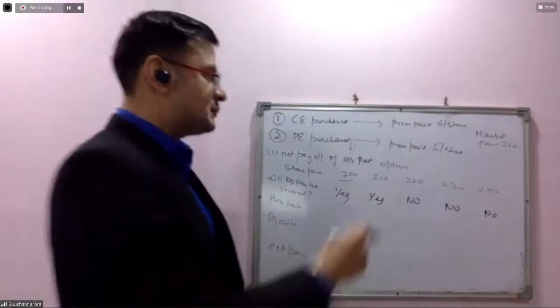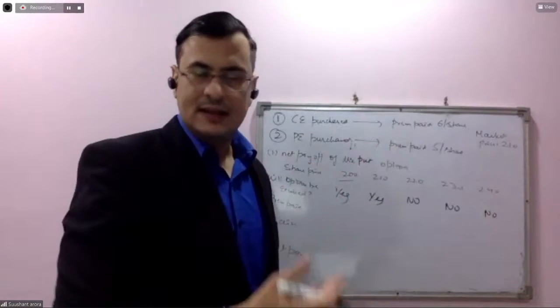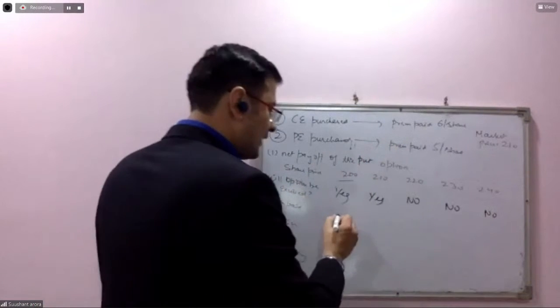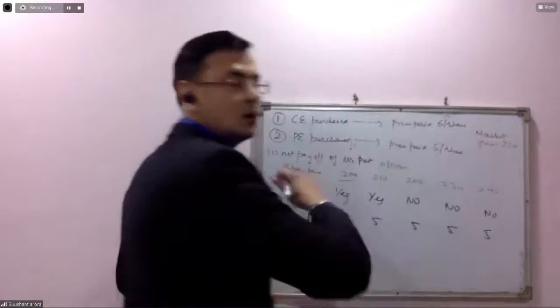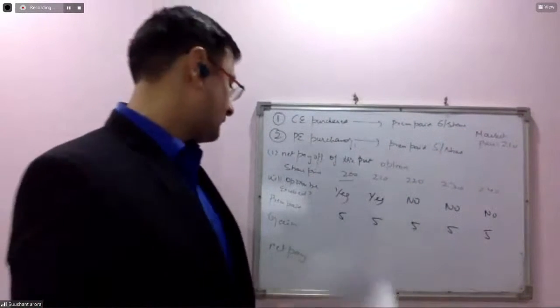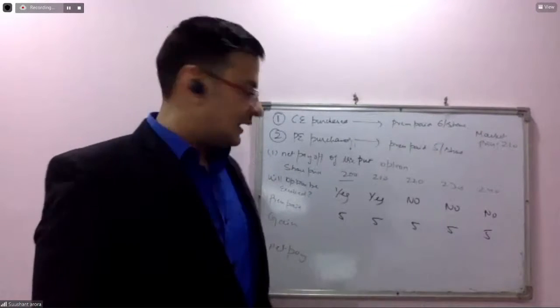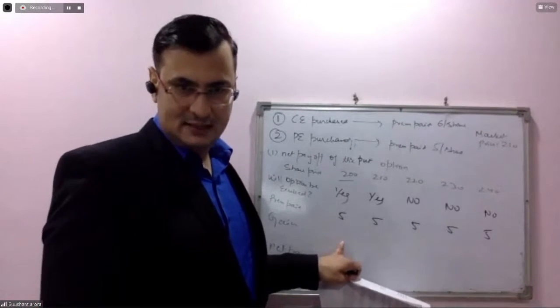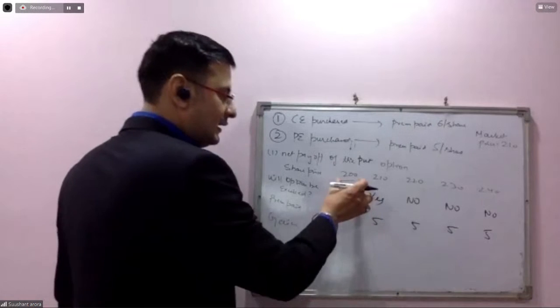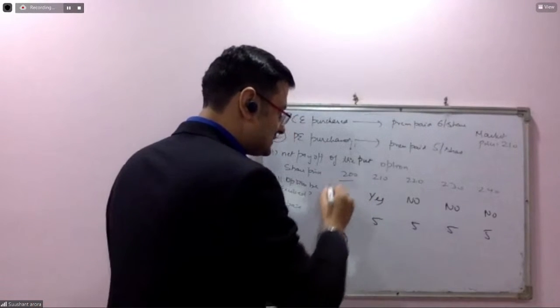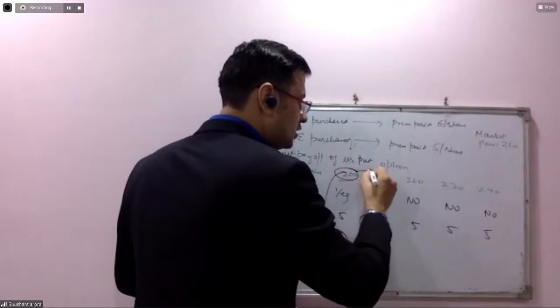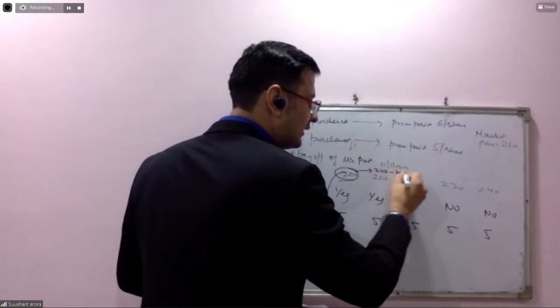Again, the premium which is paid is my fixed cost. It has to be paid in any case. So 5 rupees on all the 5 cases. How much did I gain? That needs to be seen. I made a gain of 20 rupees. How did I get this? 220 minus 200.